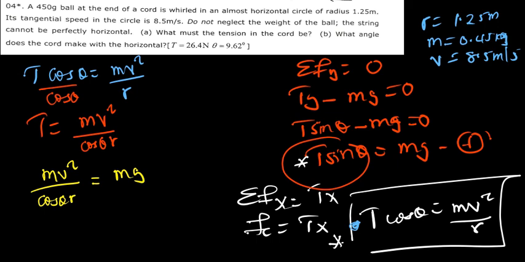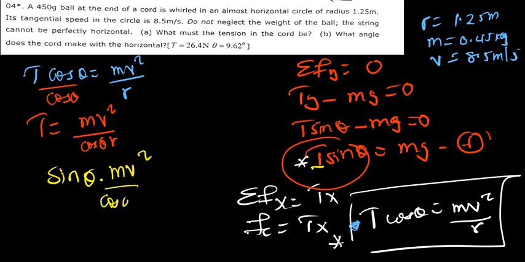What do we say? Here I'm supposed to say sine, right? I'm replacing just T. So it will be sine theta times mv squared divided by cos theta times r.